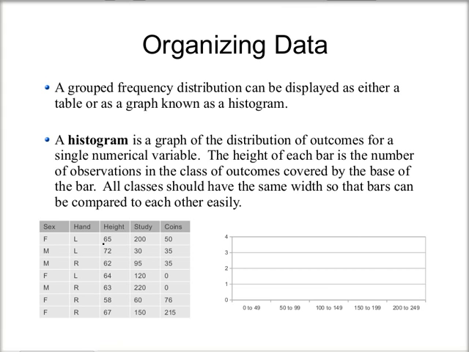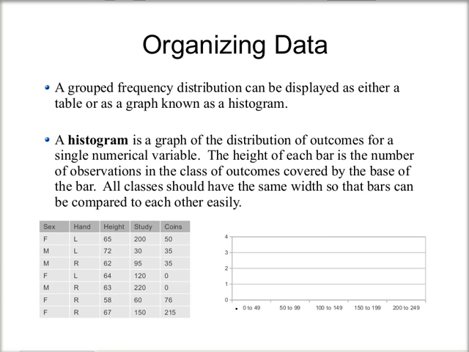So again, I've copied my table from the student questionnaire here, and I'm looking at the variable coins. Now, a histogram is going to be a bar graph where I've got my intervals across the bottom here, and each interval takes up the same amount of space horizontally.